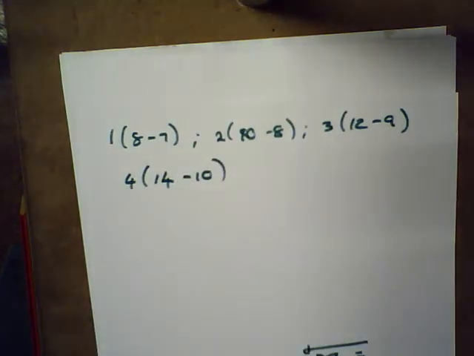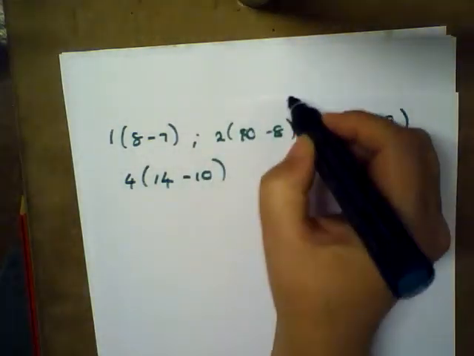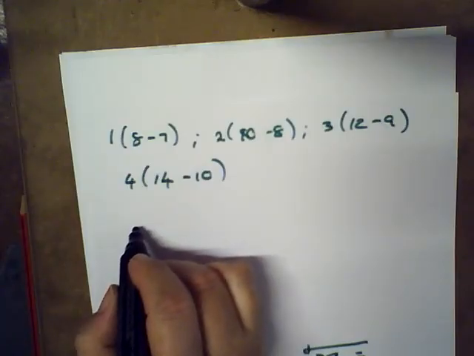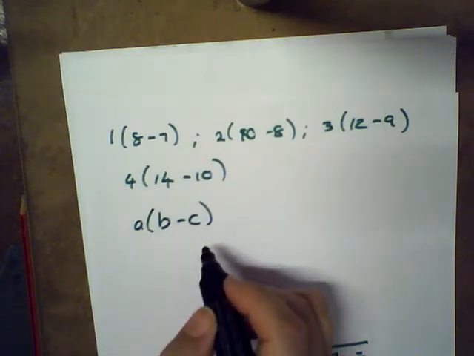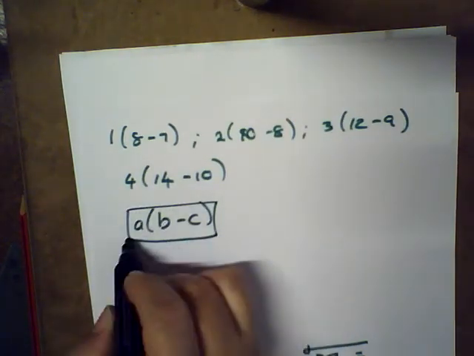Okay, and then we've got to write down the next term and the 10th term in the form A, B minus C, where A, B, and C are integers. Okay, we want it in this form.